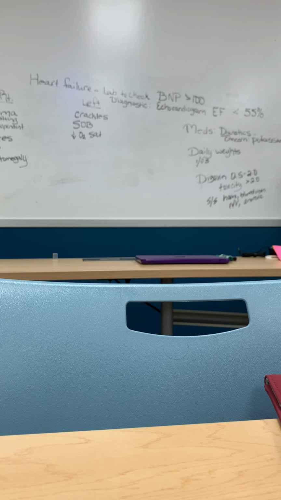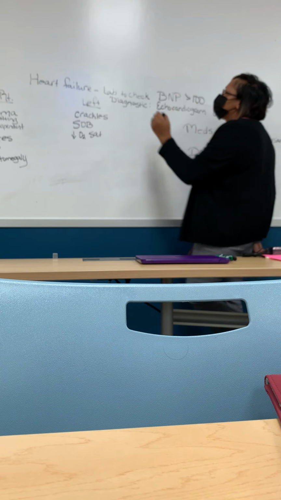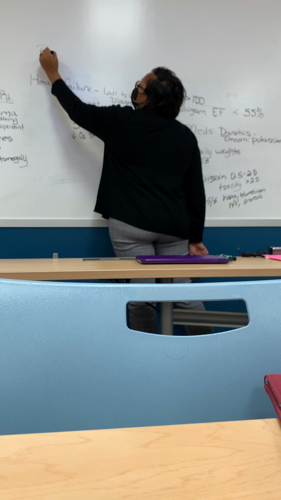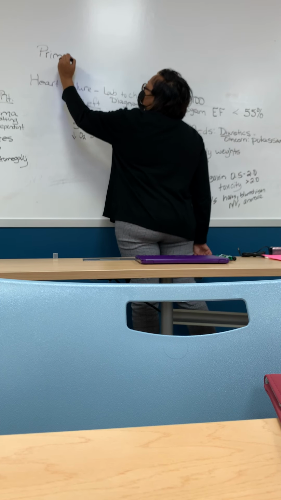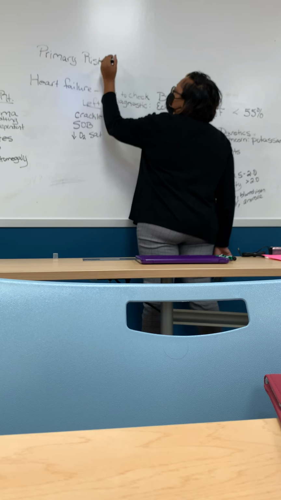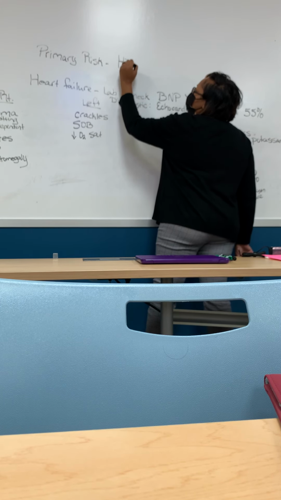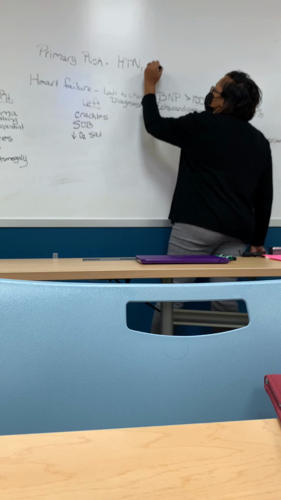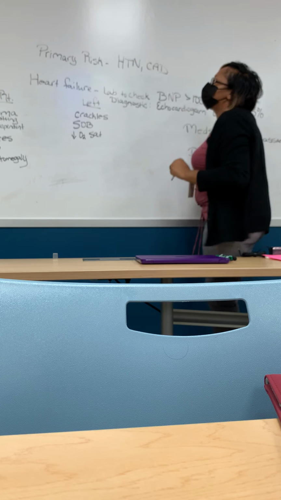What puts your patients at risk of having heart failure? The primary reasons. So you have primary and you have secondary. What are those 2 primary reasons? Smoking, that's the secondary. Genetics, age, weight. Kind of sort of, what y'all are saying: hypertension and coronary artery disease.